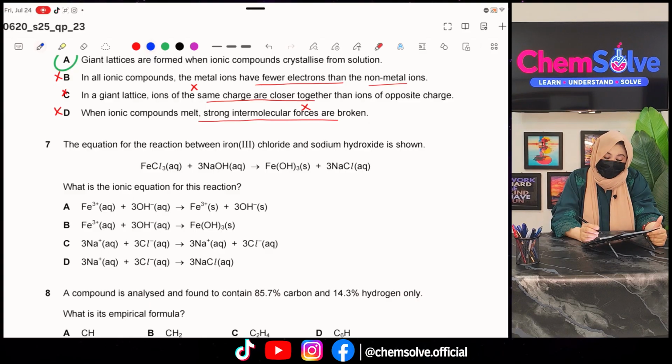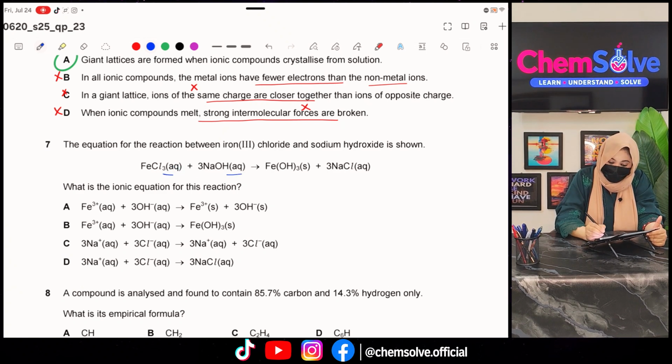When we are forming the ionic equation, we ionize only the aqueous solutions and we do not ionize the solids, metals, gases or liquids. So this would be ionized, this would be ionized, this wouldn't be ionized, and this would be ionized. So let's see.